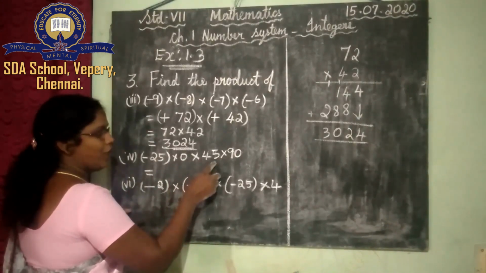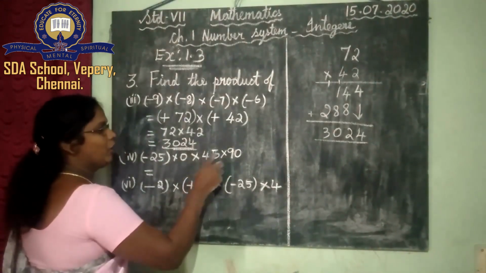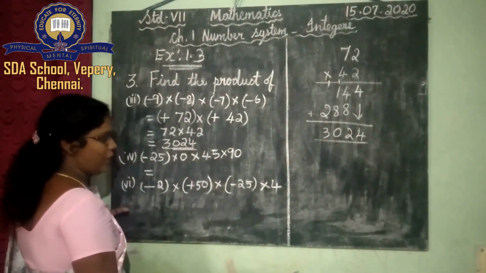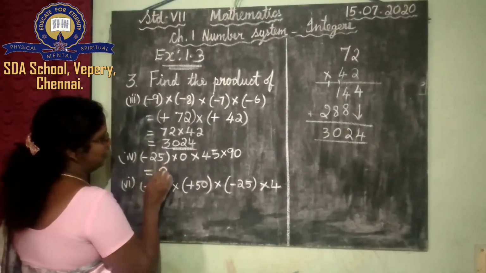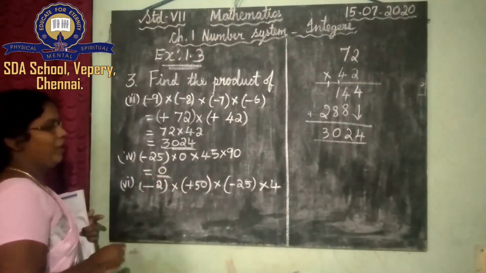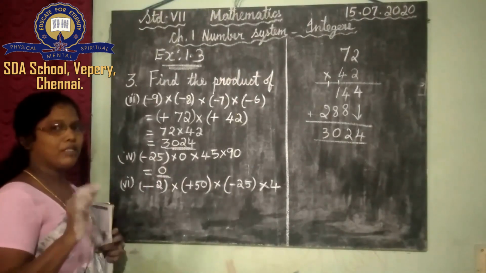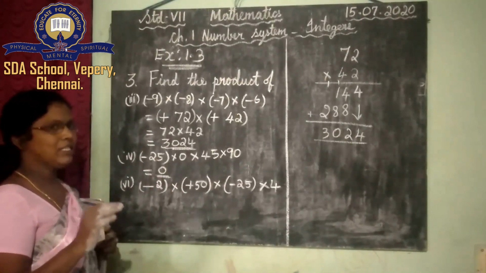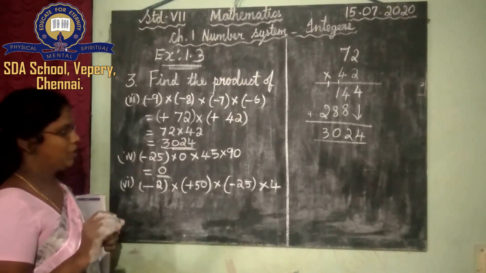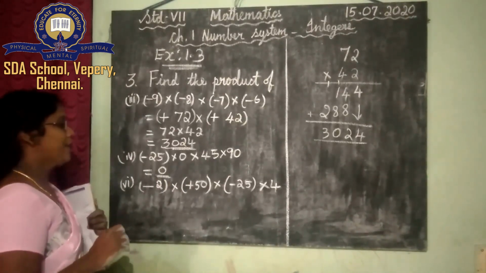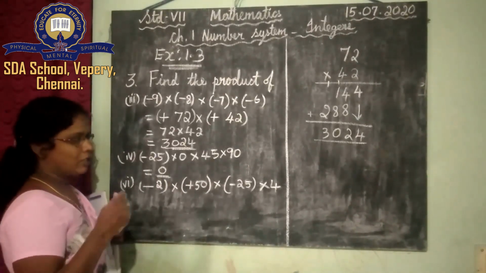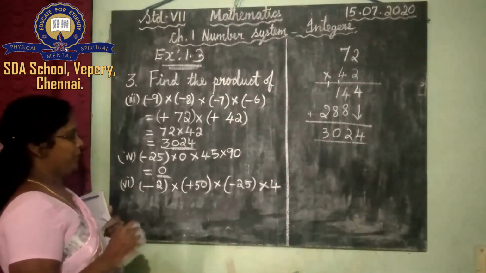Again 0 into 45 is 0. Again 0 into 90 is 0. So your answer is 0. When any number is multiplied by 0, you will get the answer as 0. Understood?